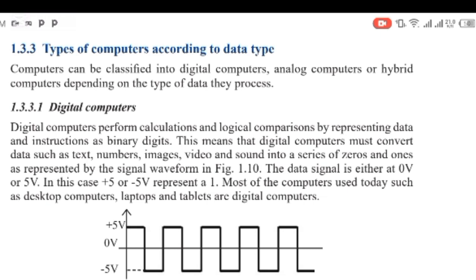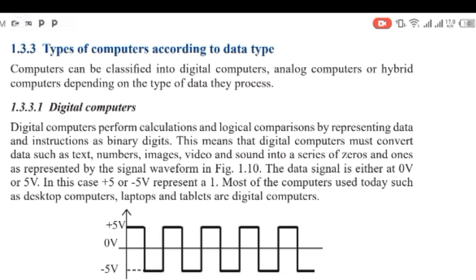So let us explore those types of computers according to the data type. Computers can be classified into digital computers, analog computers, or hybrid computers depending on the type of data they process. So let's move to the first one.